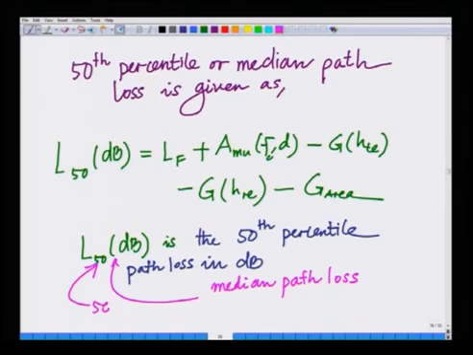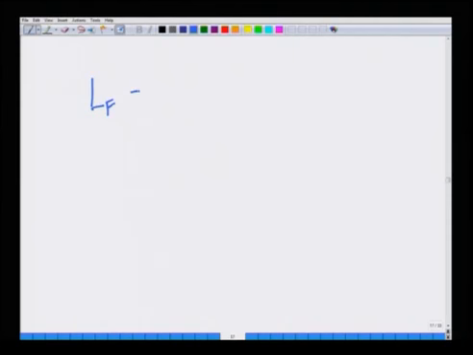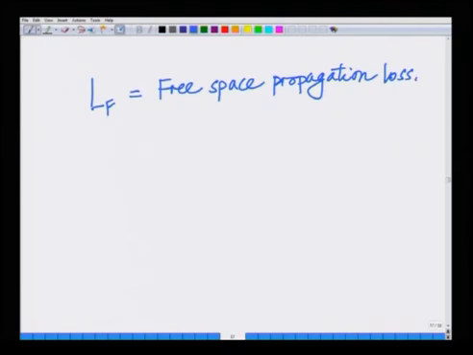LF, the other factor, is essentially the free space propagation loss. We are going to characterize this slightly. This LF is the free space propagation loss.